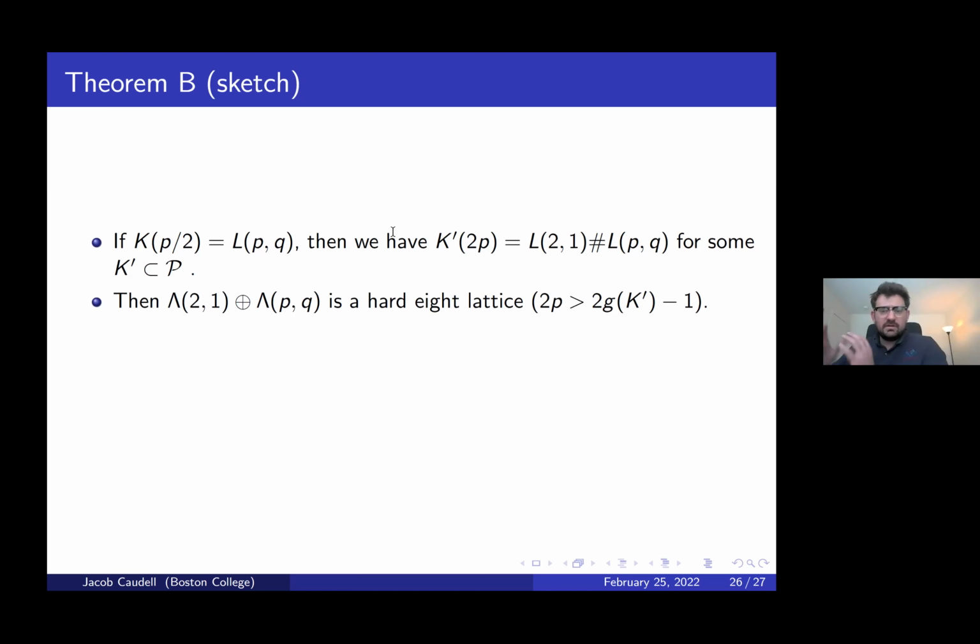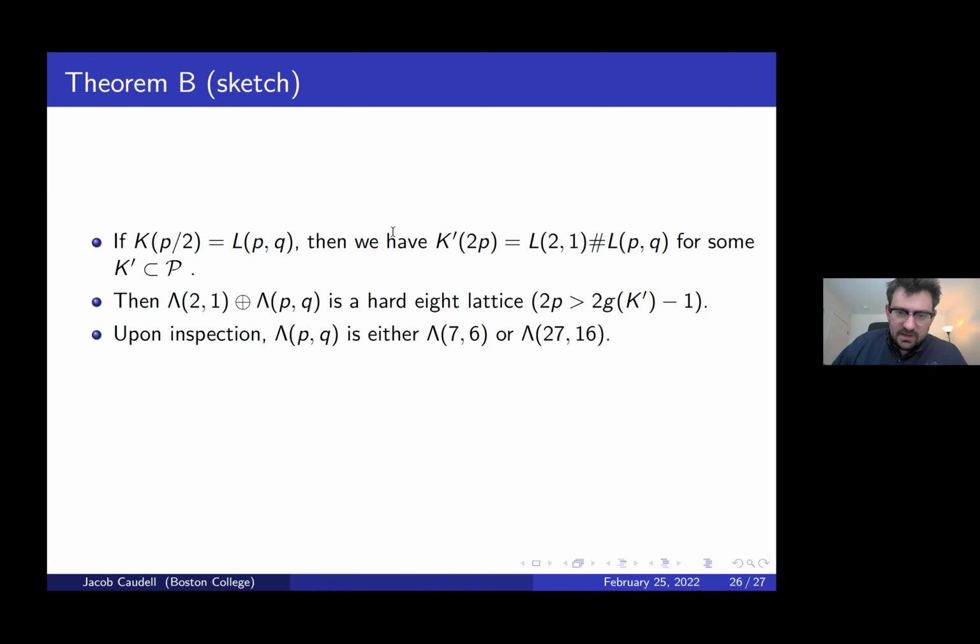So we're in the realm of the intersection form of this big Z having an E8 summand. And then you run the obstruction and you see what hard 8 lattices have lambda(2,1) as an orthogonal summand. And you just see there are only two options. It's lambda(7,6) or lambda(27,16).